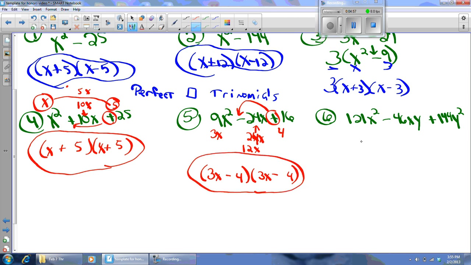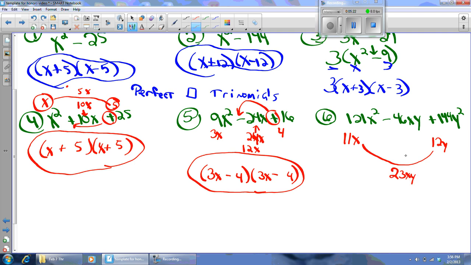All right, let's try this one. 121x squared is a perfect square. The square root is 11x. 144y squared. 144 is a perfect square, so 12y would be the square root. I'm going to multiply these two together to get 132xy.